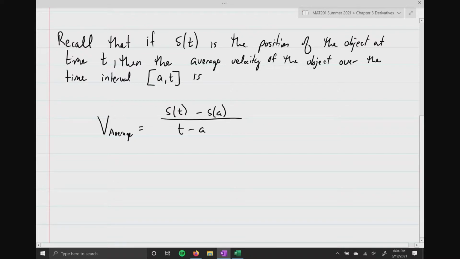In other words, it's just the slope of the secant line, which we've seen a bunch of times.